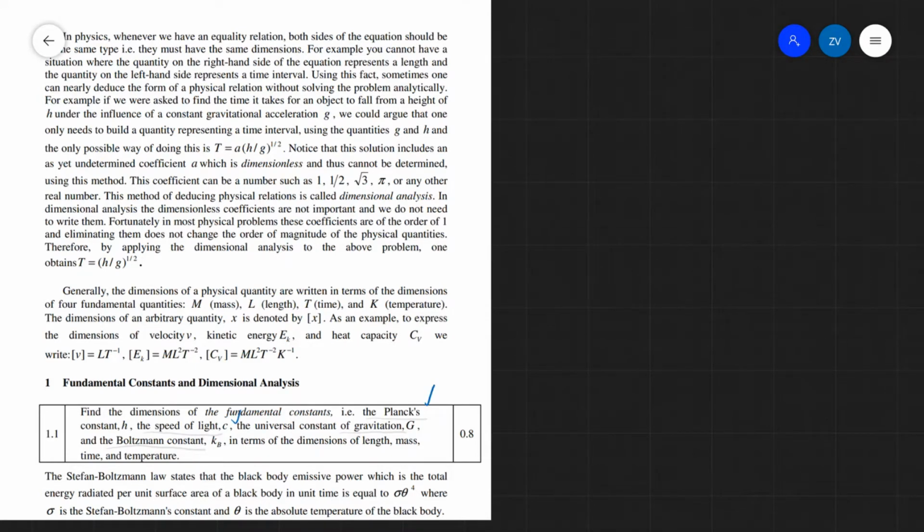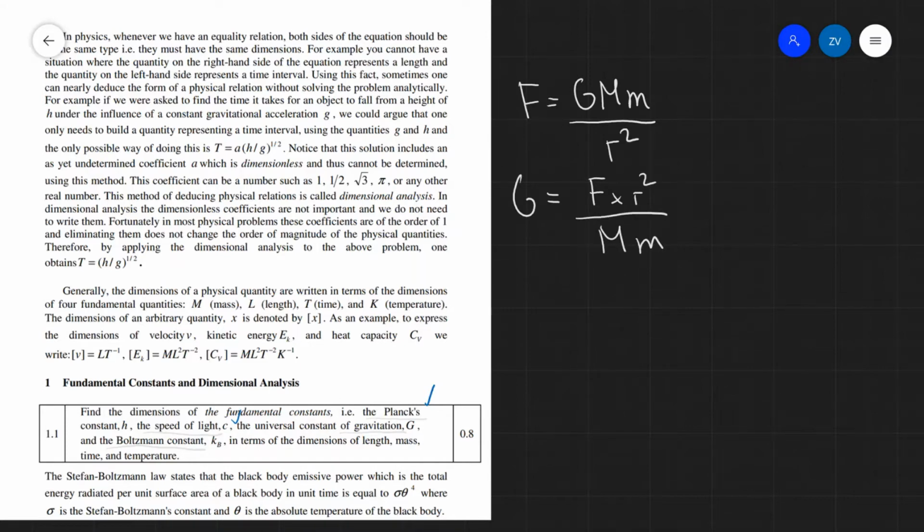Next one up is the universal constant of gravitation, G. For that, we're going to use Newton's law of gravitation, which says that the magnitude of the gravitational force is equal to G m m over r squared. What I'm going to do is simply rearrange for the gravitational constant, and this will be equal to F times r squared divided by the product of the masses.